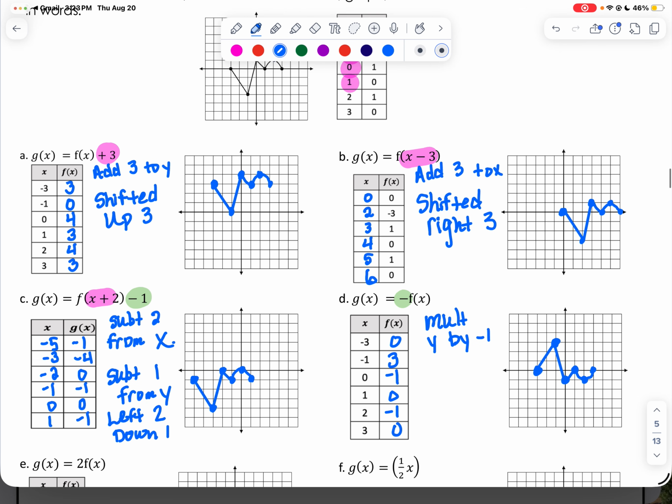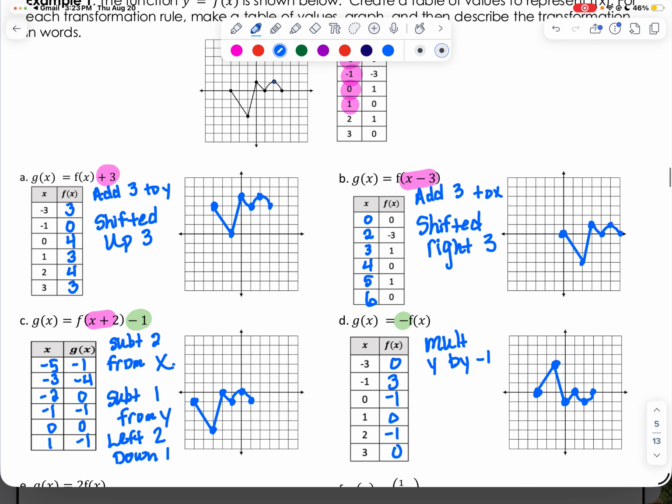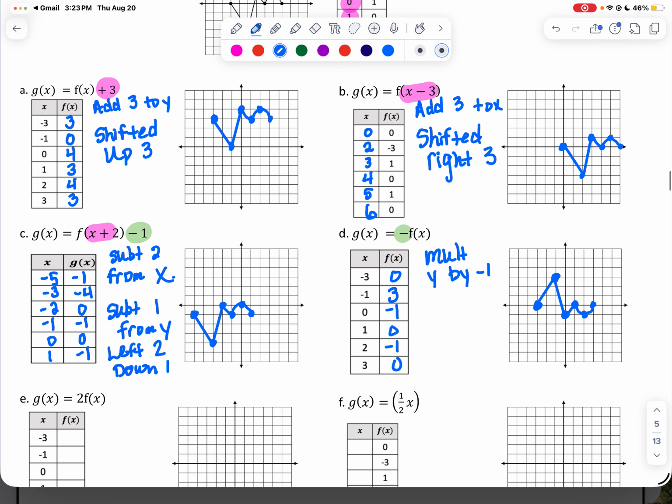So this transformation reflected or flipped our function over. So I'm going to say that this was a reflection across the x-axis.